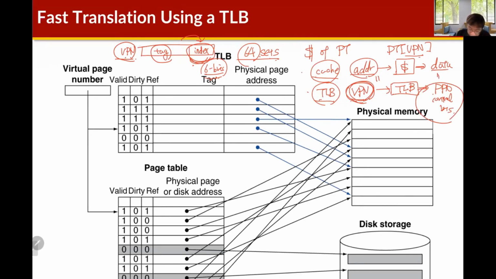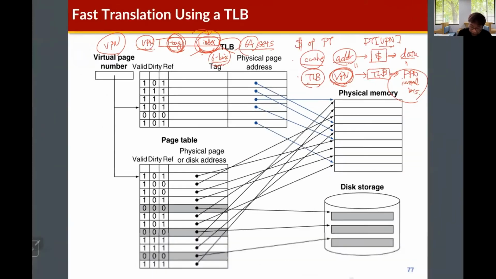In the VPN, we use the upper part as the tag of the TLB, and the lower part as the index of the TLB, as the TLB is a cache, right? So this is the virtual page number. We access the TLB with the virtual page number, and we get the index from it.